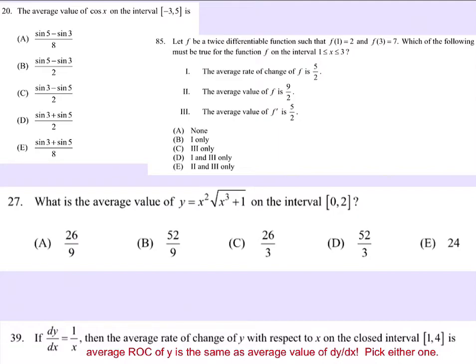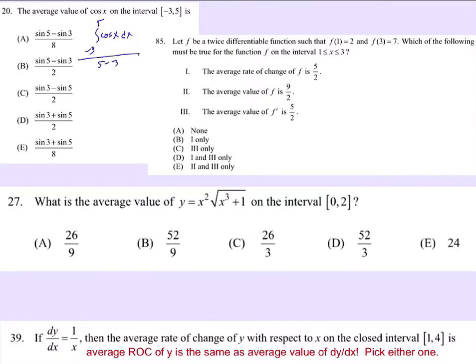Well, the average value is the definite integral from negative 3 to 5 of the cosine of x with respect to x. The average value of a function is its own definite integral divided by the length of the interval. So this would be 5 minus negative 3.